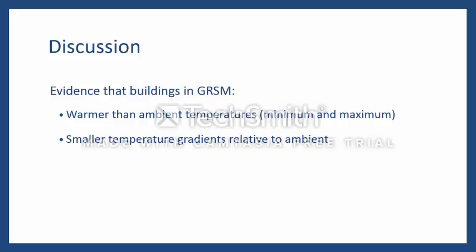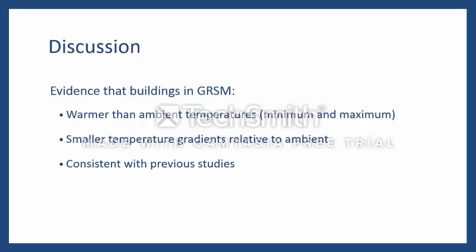So just to overview, we have evidence that buildings in general in the park are warmer than ambient temperatures, both the minimum and maximum daily temperatures, and that they also have a smaller temperature gradient relative to ambient temperatures. This is not only consistent with the previous studies, mainly those done on trees and rock roosts, but it also makes sense.